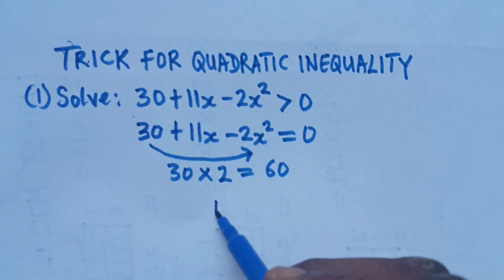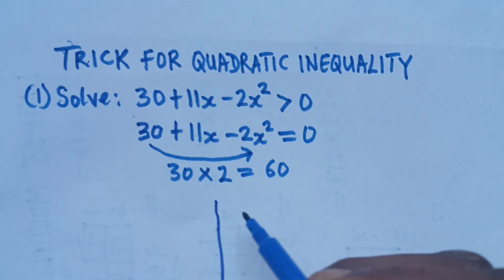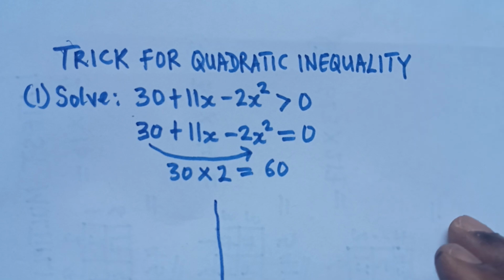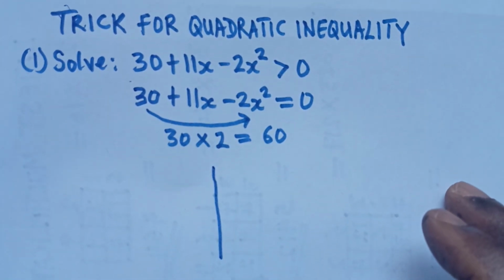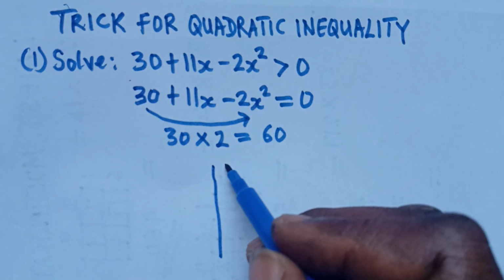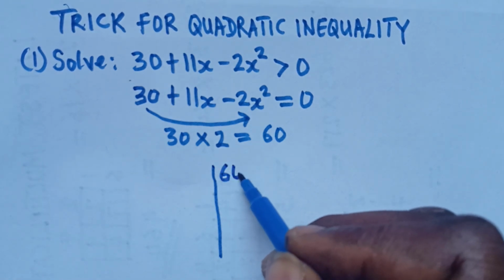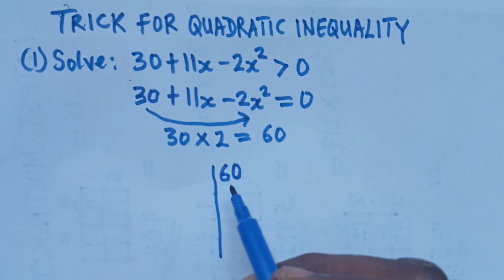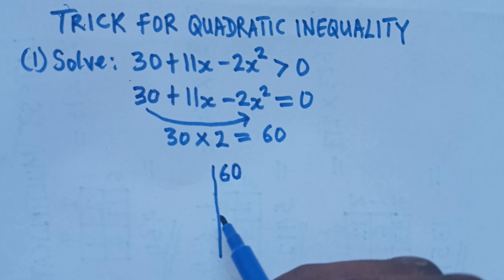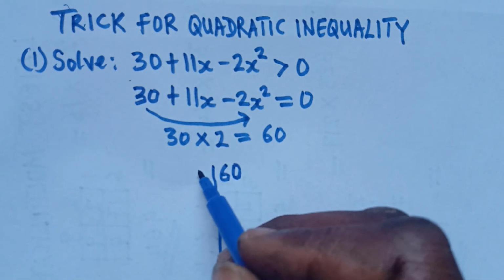But a simple way of getting the numbers is to look for the factors of 60. And for me to get the factors of 60, I just simply put 60 here and break it into its prime factors. So now 60, the first number that 60 can divide without a remainder is 2.